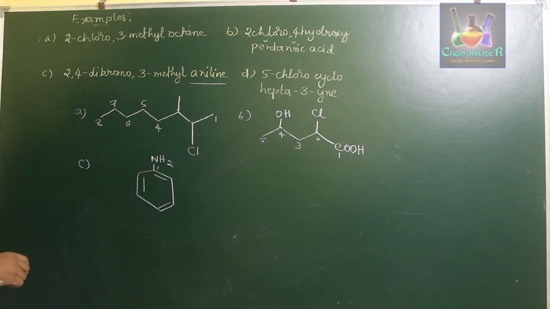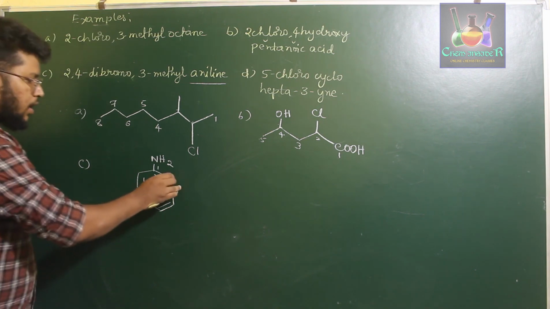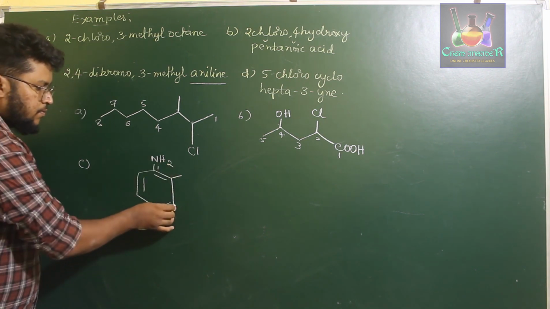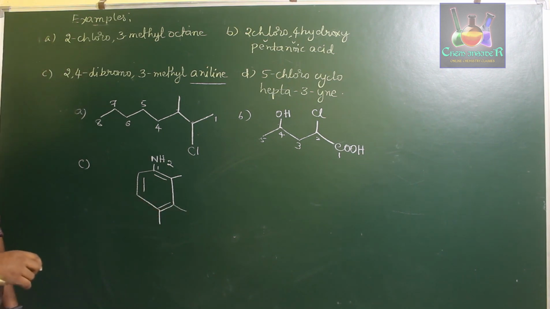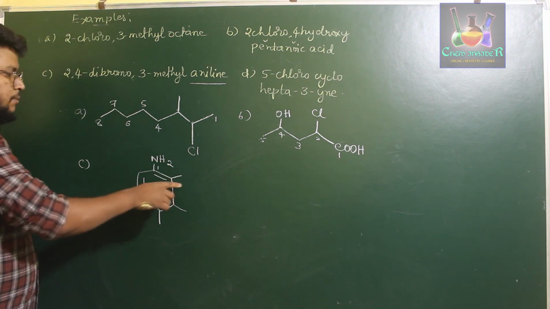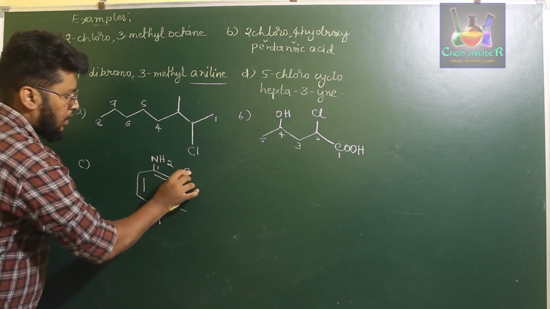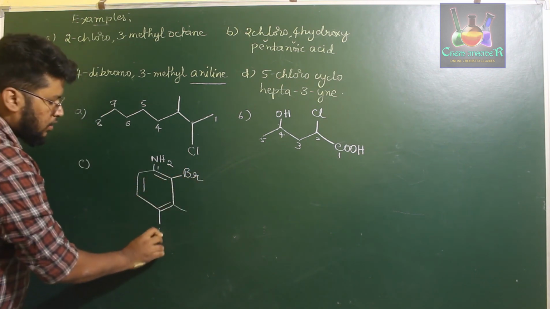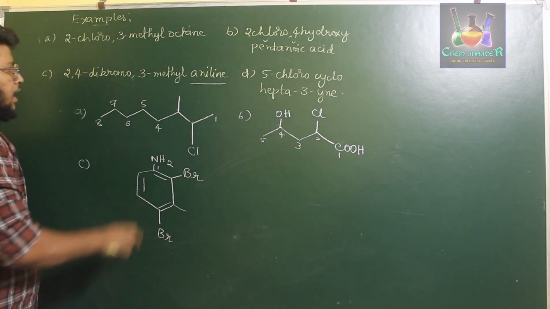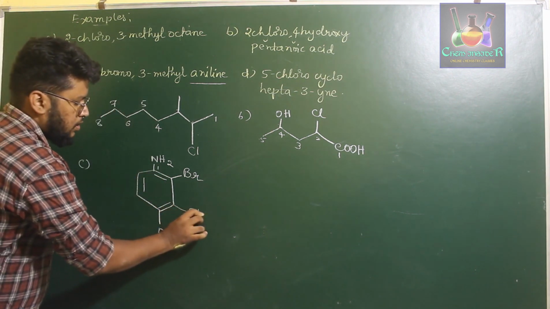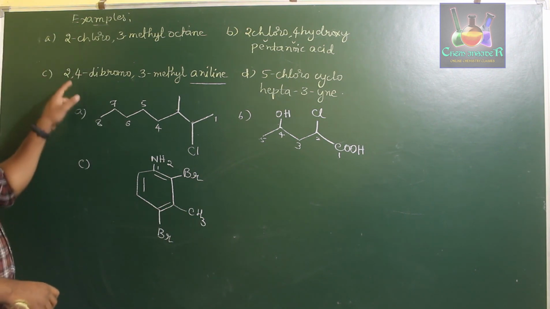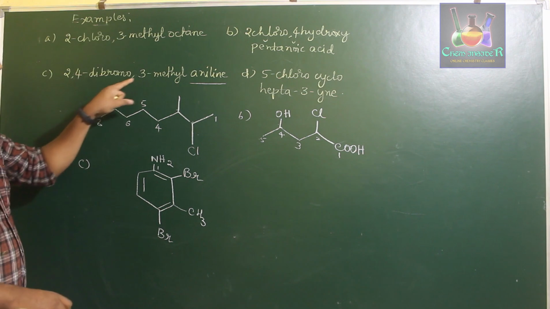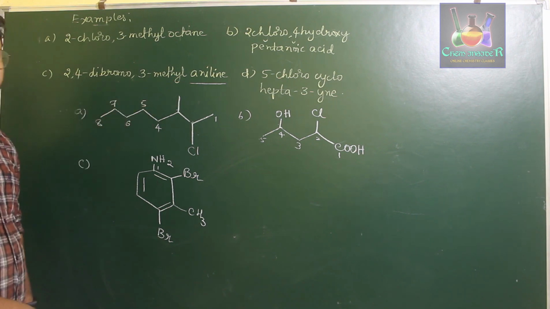Now the substitution is presented at the 2, 3, and 4 positions. At the second position we have a bromo group Br. Same applies at the fourth position. And in the third position we have a methyl group CH3. So this is the structure for 2,4 dibromo 3 methyl aniline.